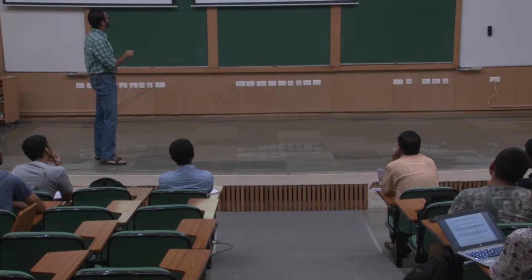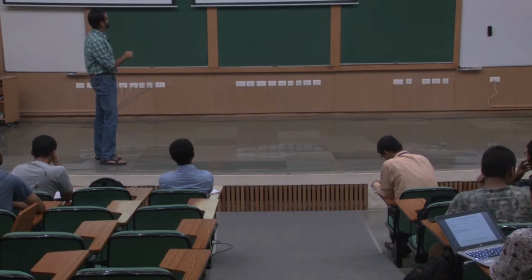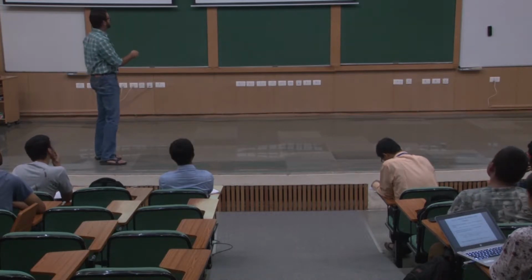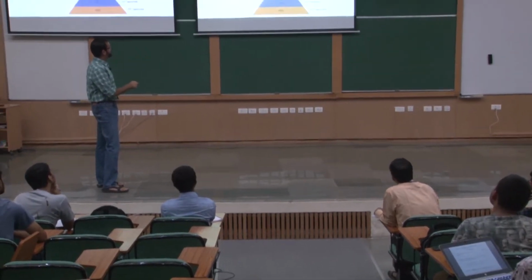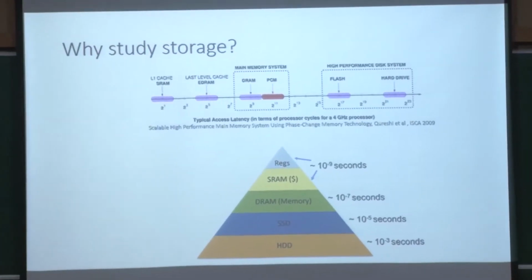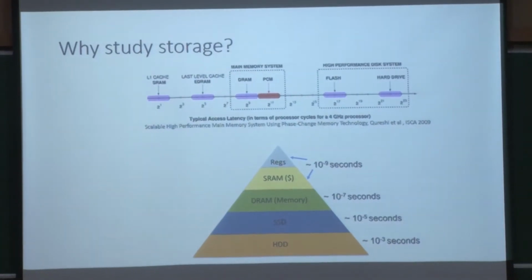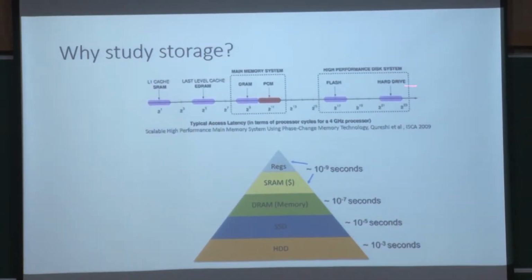So you have, if you look at in the power of 2s and cycle access latencies, the SRAM caches are very fast. The hard drive is super slow, but again, it's large and it stores a lot of stuff, right? Again, a different way of visualizing the same thing is that the memory hierarchy starts at the register file, goes all the way to the hard disk drive, right?